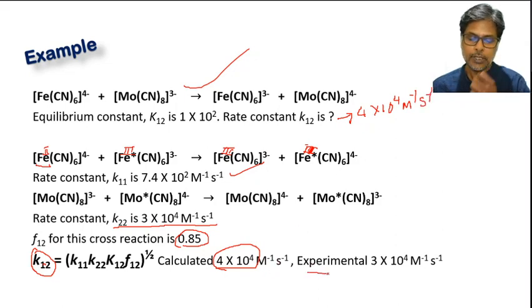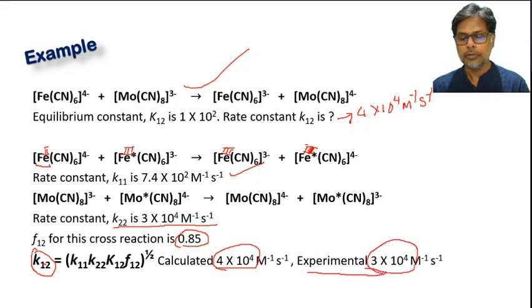Experimentally what has been found is 3 into 10 to the power of 4, which is pretty close. So this is how the Marcus equation has been found to be very useful in predicting the rates of cross reactions in the outer sphere mechanism.